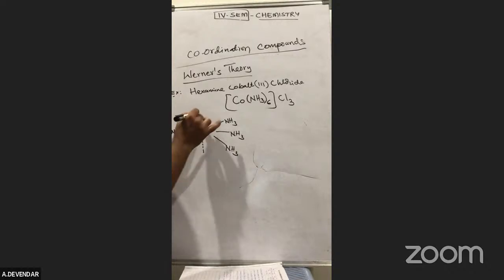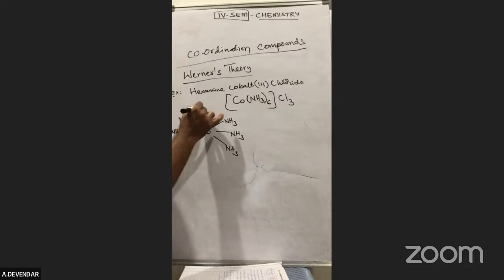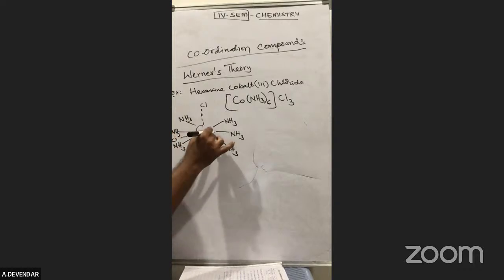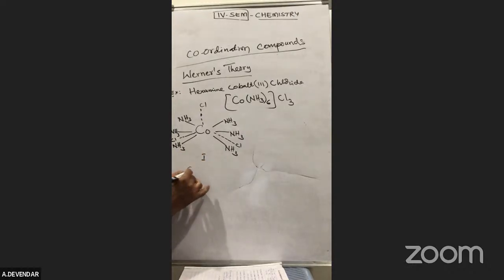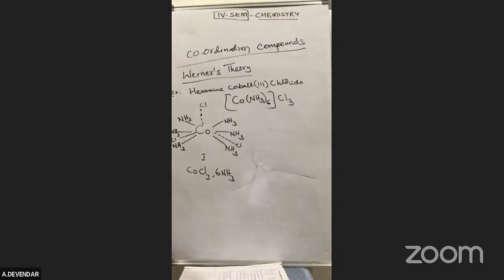Now, better to represent the first category as 1. This is chloride. It is a dashed line, which means primary valency. And the remaining, not here, why? Because the structure will be like this, with one chloride. This is the first structure given by Werner's theory. In this case, this is cobalt chloride. Six ammonia ligands are attracted: three chloride ions and six ammonia molecules.